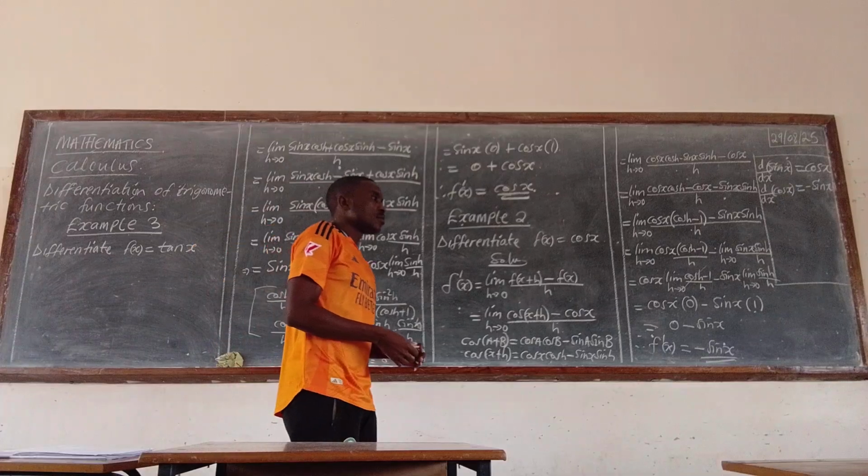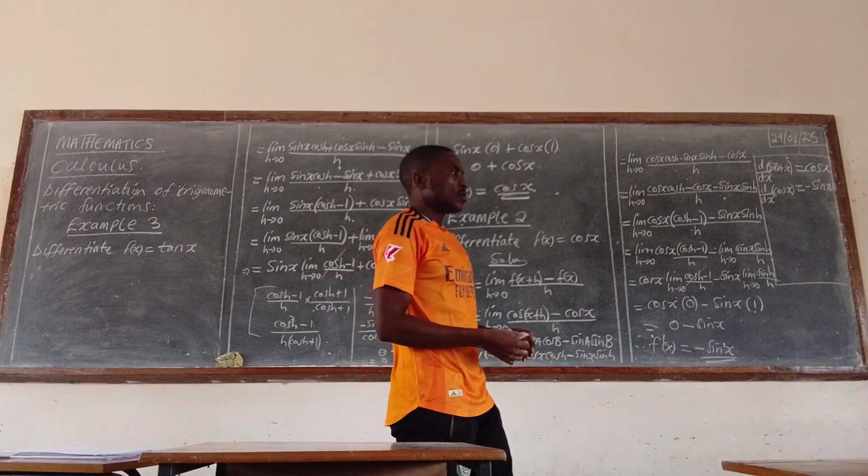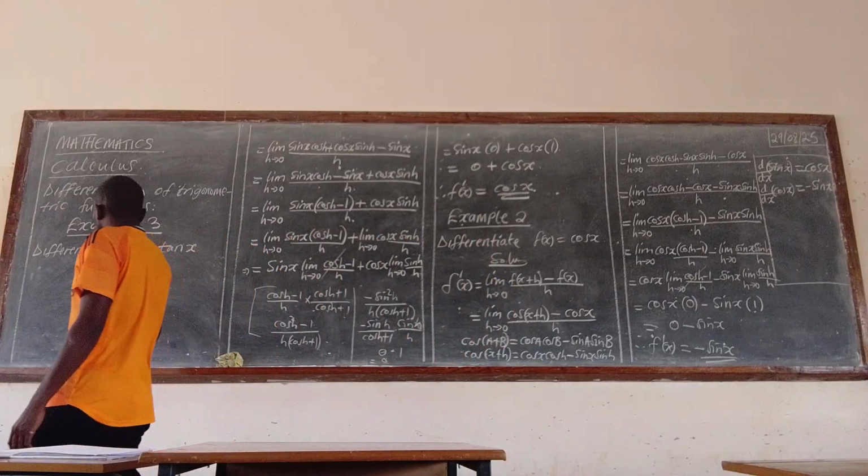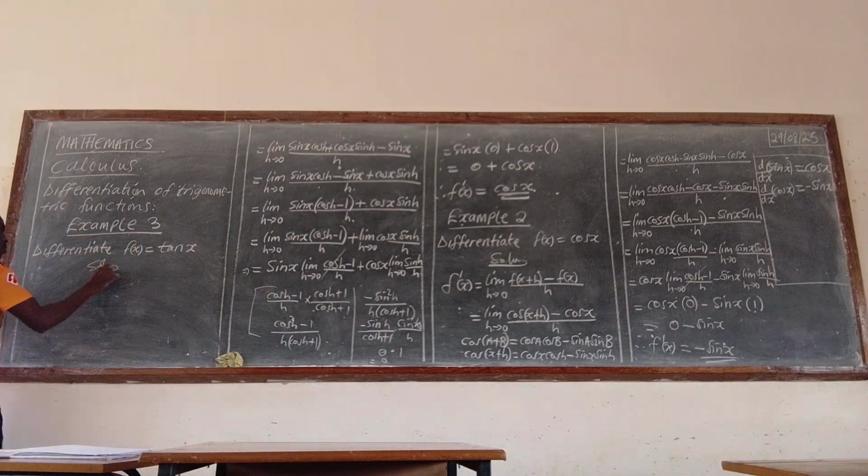We know that from our identities, tan is just the same as sin x divided by cos x.